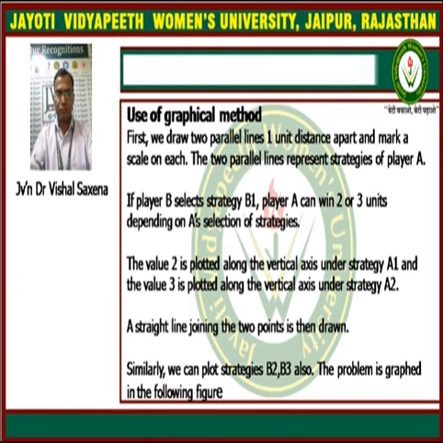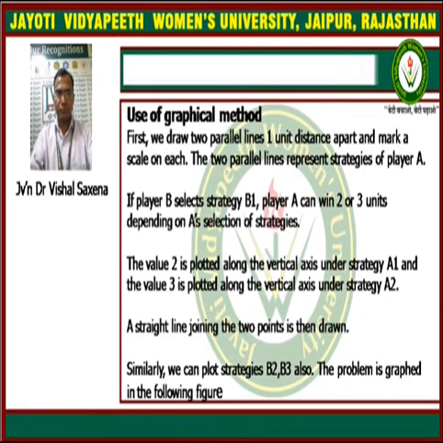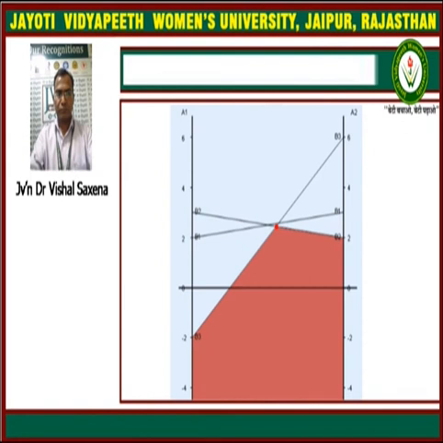Now the value 2 is plotted along the vertical axis under strategy A1 and 3 is plotted along strategy A2. So 2 for A1 while 3 for A2, and these points are called the strategy B1.